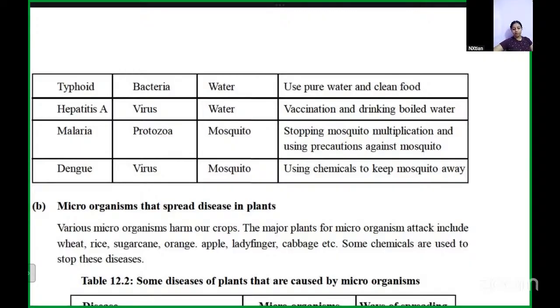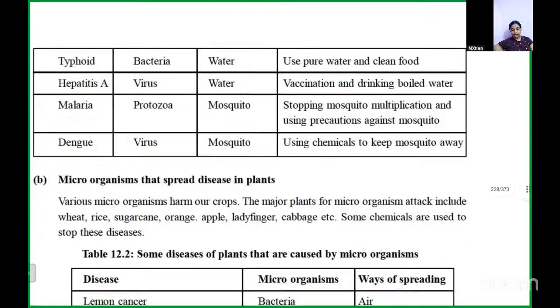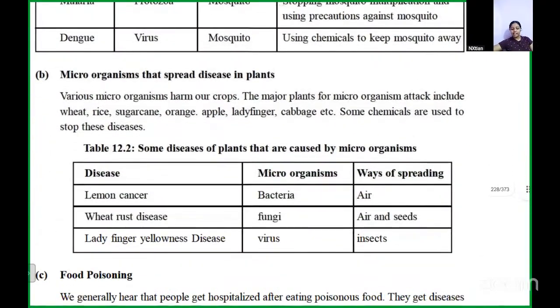Now, we have the microorganisms that spread diseases in plants. Various microorganisms harm our crops.